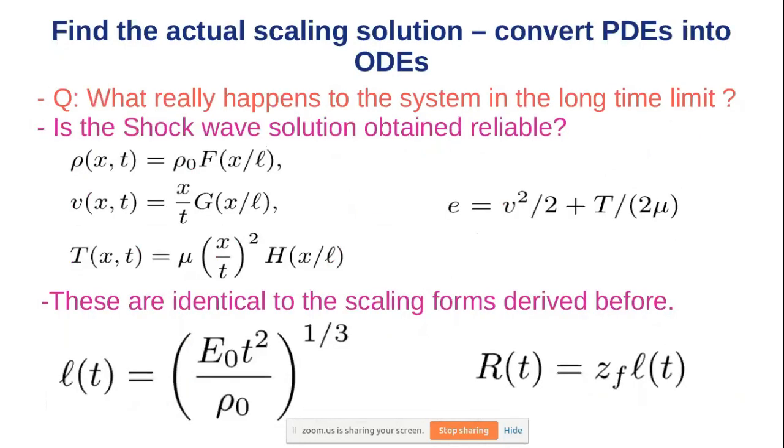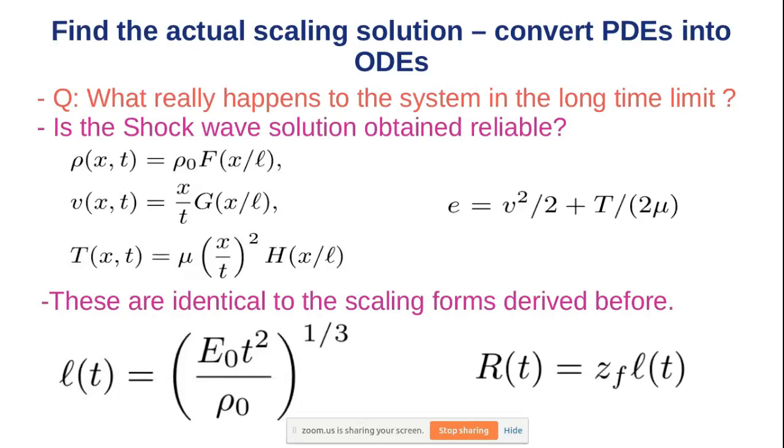We have taken rho, V, and T, temperature T, in a slightly different format. We didn't take rho tilde, V tilde, and E tilde here, but it's essentially the same. With x by t power 2/3 scaling, we are non-dimensionalizing it, and we are solving the ODEs with these equations.